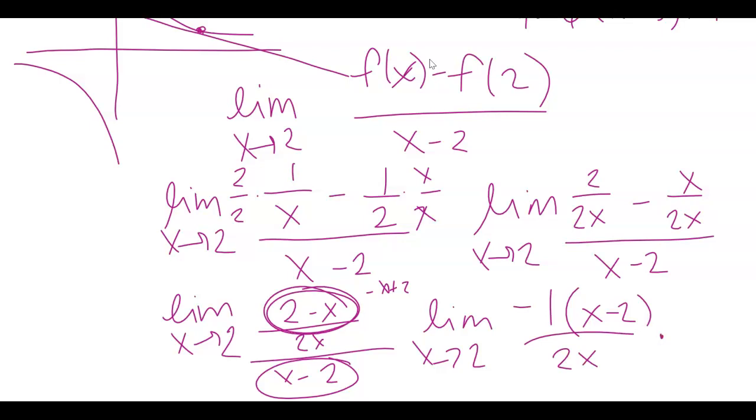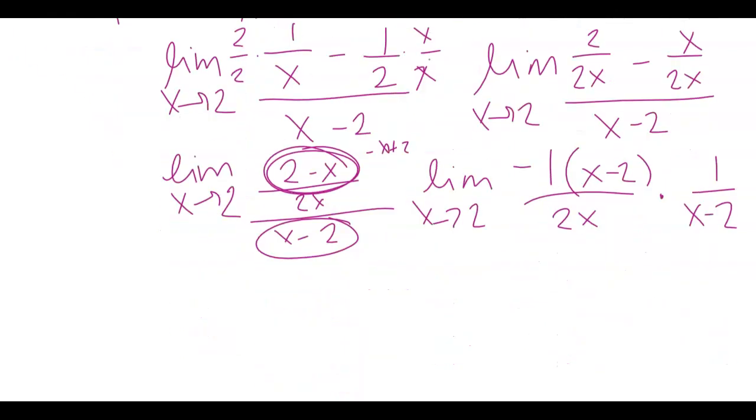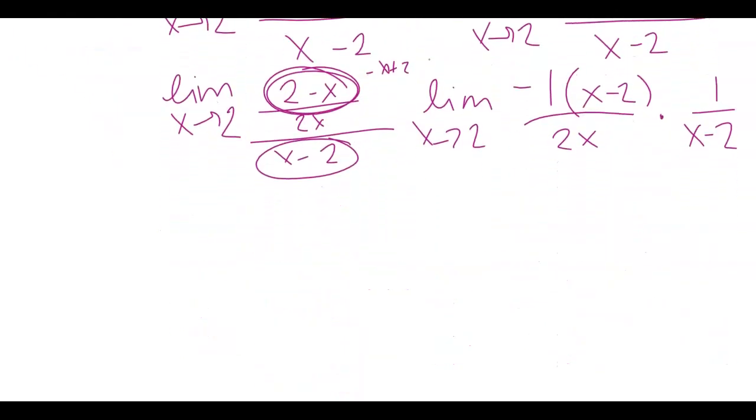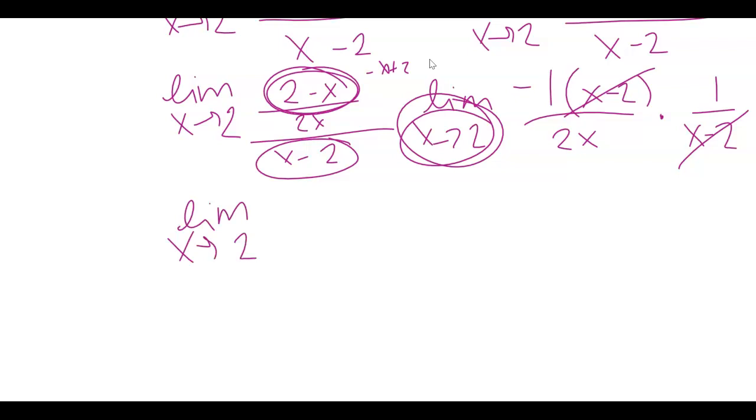And then I need to multiply by the reciprocal of the bottom if I'm dividing. Then I can go ahead and cancel my term that's causing my issue when I'm trying to plug in 2. And so I end up getting the limit as x goes to 2 of negative 1 over 2x. Let's plug that in. I get negative 1/4.